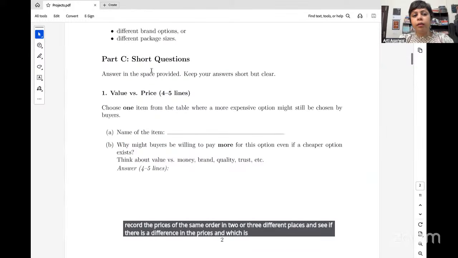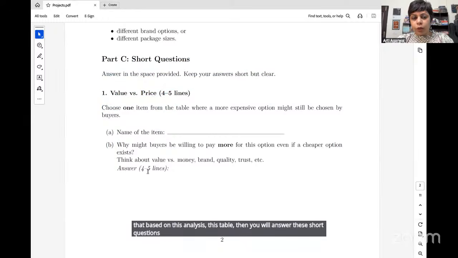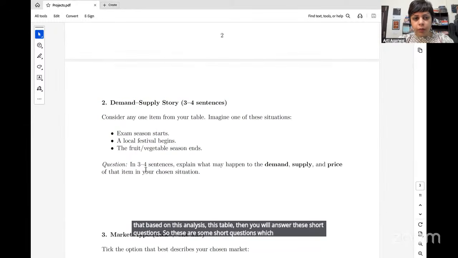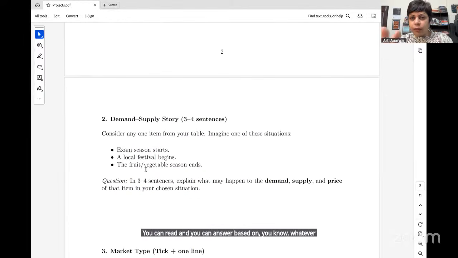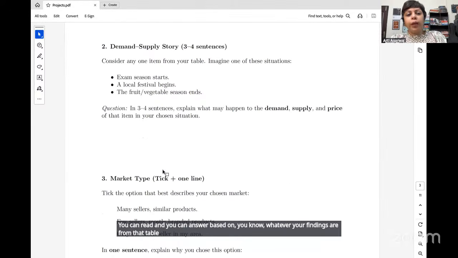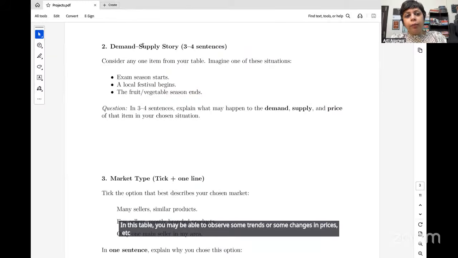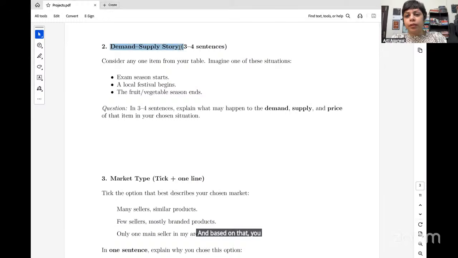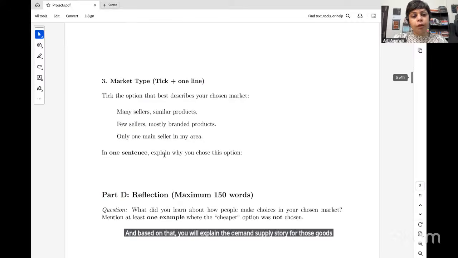Then based on this analysis, this table, you will answer these short questions, based on whatever your findings are from that table. In this table, you may be able to observe some trends or some changes in prices, etc. And based on that, you will explain the demand supply story for those goods, for those markets.